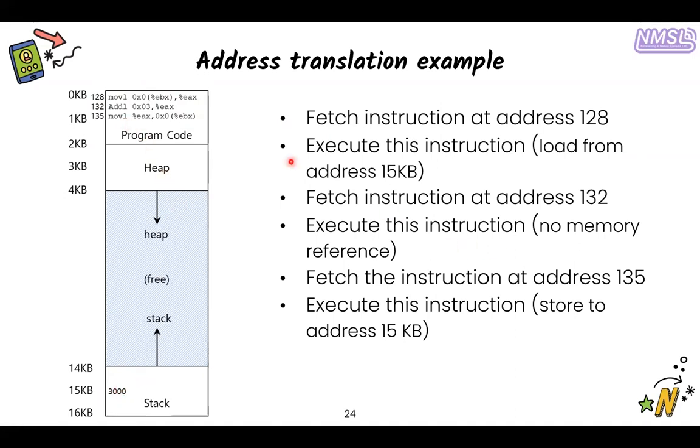Then you fetch the instruction at address 132. Here you just execute, you don't have to access the memory. And then you have another move. So you fetch the instruction at address 135, execute it, and store the value back at 15K. These are in the stack, right? All the variables that you have were in the stack.